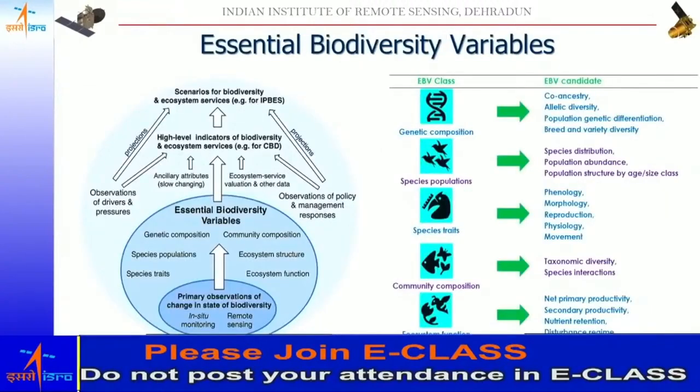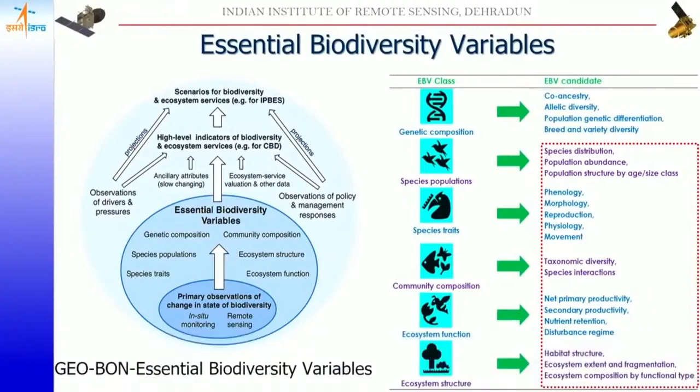In a little more detail, we can see the different essential biodiversity variable classes, from genetic composition to species population, species traits, community composition, ecosystem function, and ecosystem structure. In this, we can measure most of the traits or biodiversity variable candidates through remote sensing, or involving remote sensing partly or completely.